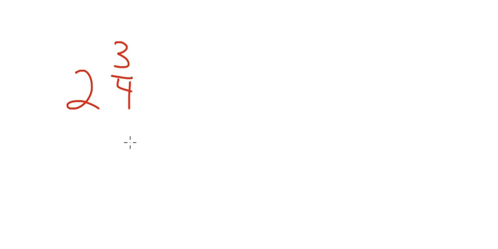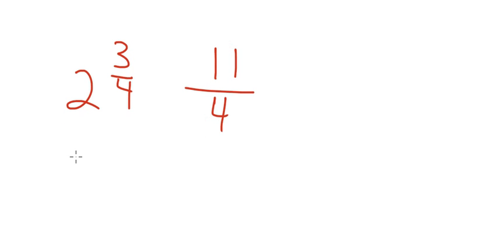And we want to turn that into an improper fraction. So, Peter, how would I go about doing that? Okay, so I'm times 2 by 4, I get 8. I add the 3 to it, that gives me 11. And what's my denominator going to be? 11 over 4. How else can I do that?